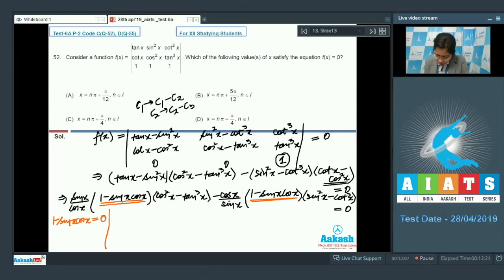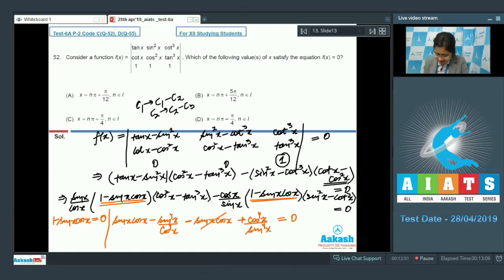taking common, or multiplying this inside, we will get sin x into cos x minus sin 4x upon cos 4x minus sin x into cos x plus cos 4x upon sin 4x is equal to 0.